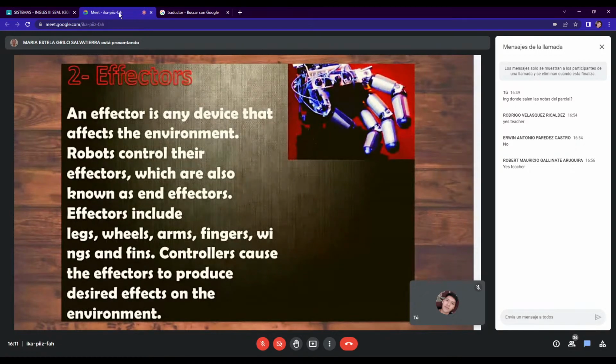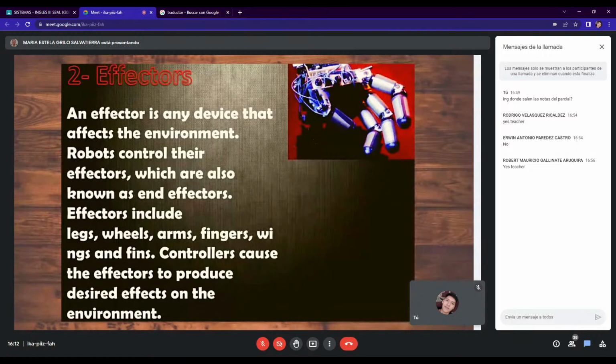Is any device, yes, that are going to control robots, for example, are going to control the action that are going to have some parts of it, like arms, legs, the fingers, the movement that they are going to have on their arms.